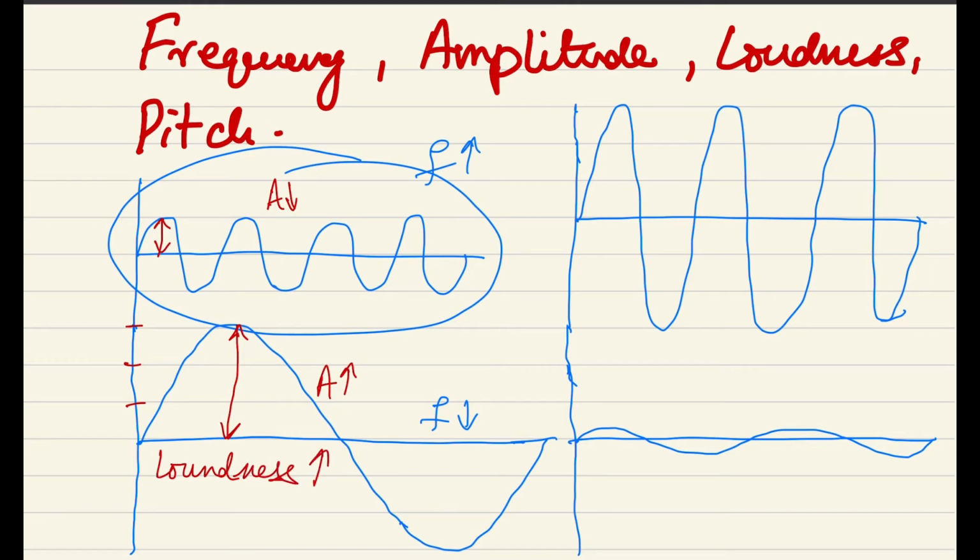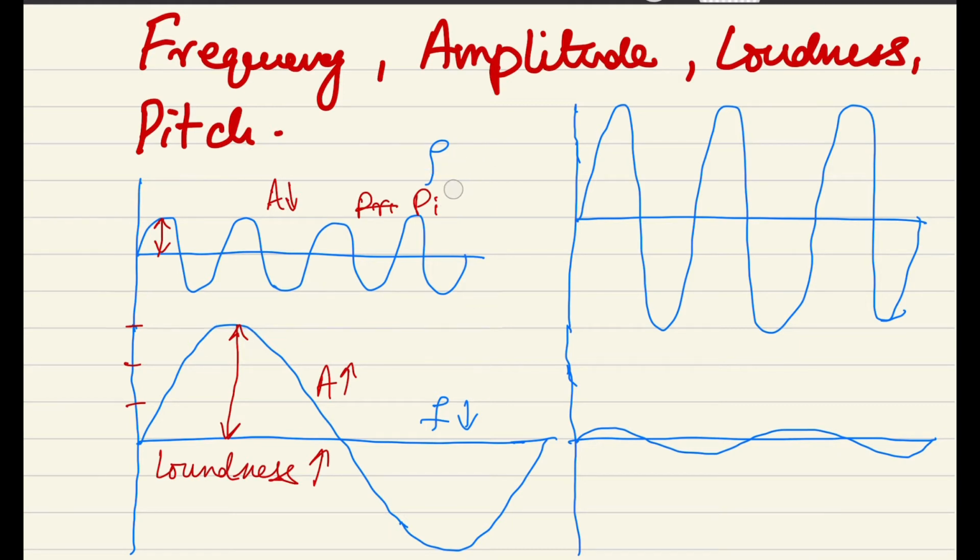Why? Because the amplitude is greater. And the pitch of this wave is greater. Why? Because the frequency is bigger. Do you get it? So that's how we'll compare the amplitude, frequency, loudness, and pitch.